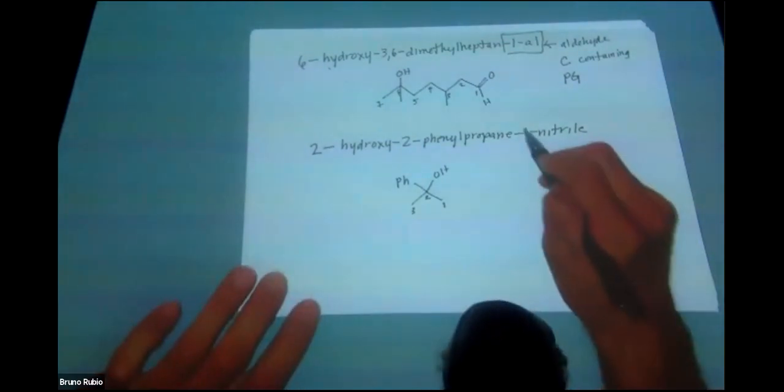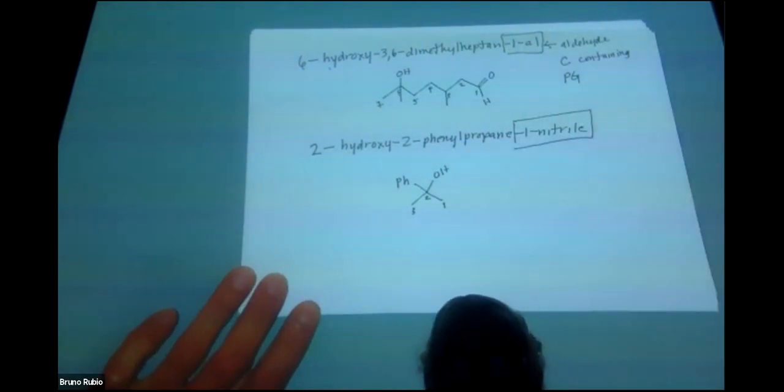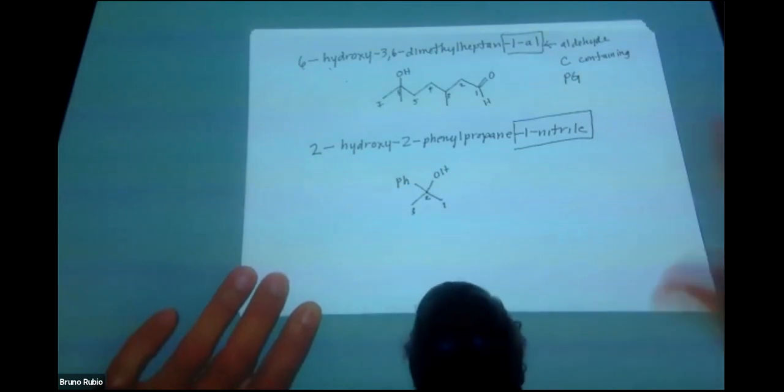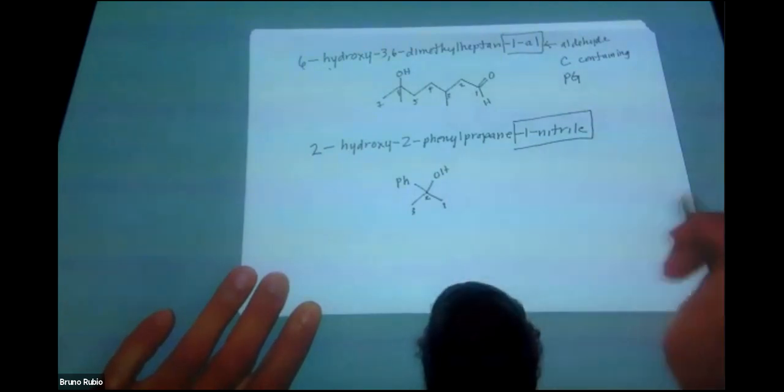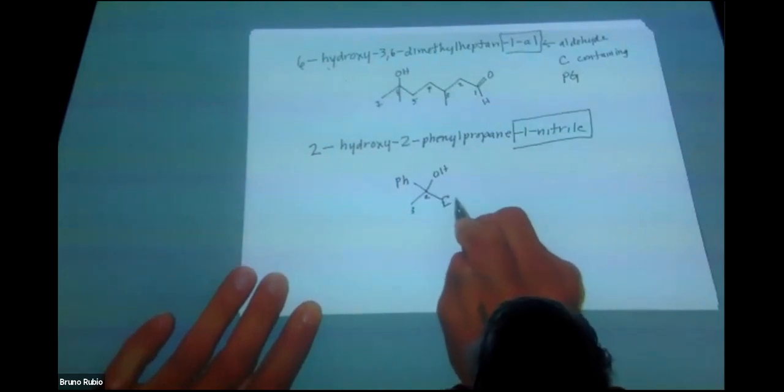And now, once again, the priority group ending is a carbon-containing priority group. This is telling you carbon 1 is a nitrile carbon. Don't add a nitrile to carbon 1. Carbon 1 is a nitrile carbon. So that's a C with that triple bond.